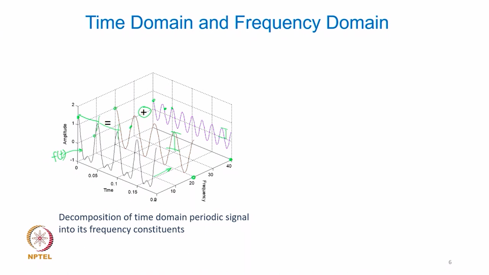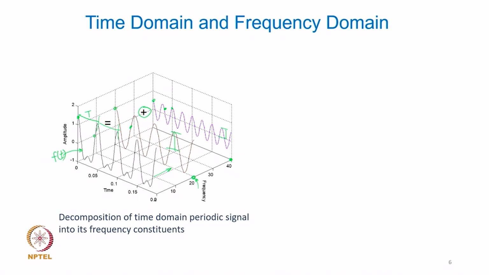And there is of course a requirement that the fundamental frequency would be related to the time period of the original time function f of t. We will discuss that part, and its constituents are integer multiples, the frequencies are integer multiples.